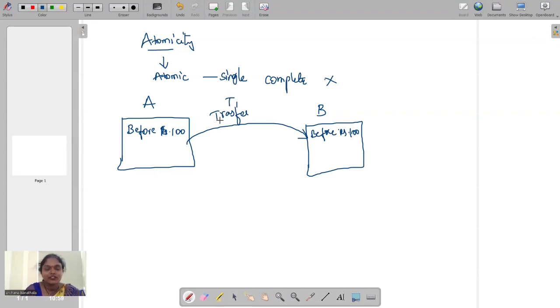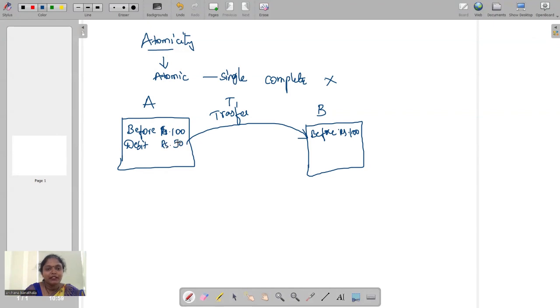To do this transaction, there are two sub-operations that have to be performed. The first one is we need to debit a certain amount, that is 50 rupees. Person A wanted to transfer rupees 50 from his account.